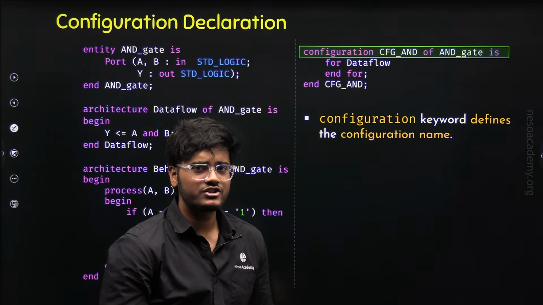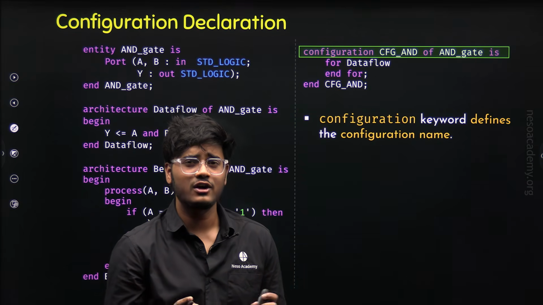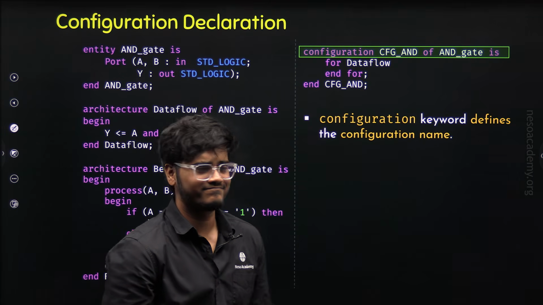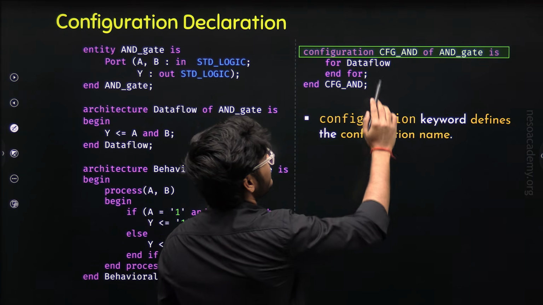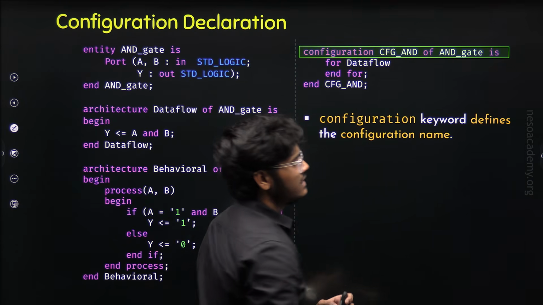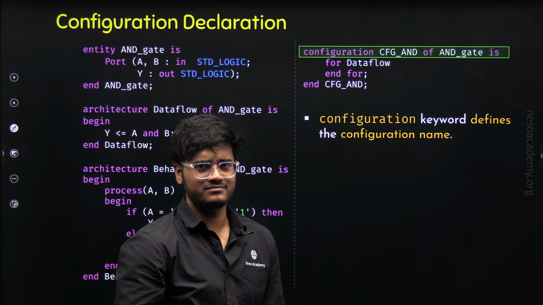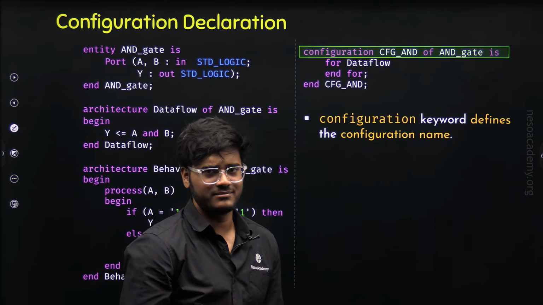Means configuration keyword declares that we are starting our configuration with a configuration name. Now the configuration name, example, CFG underscore and. The name is flexible, similar to entity and architecture.